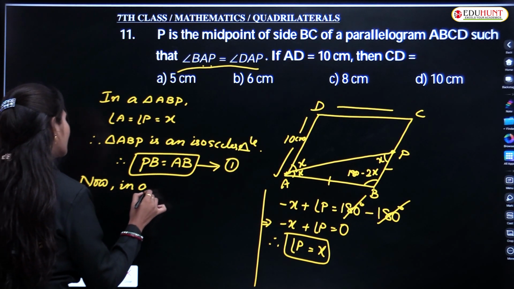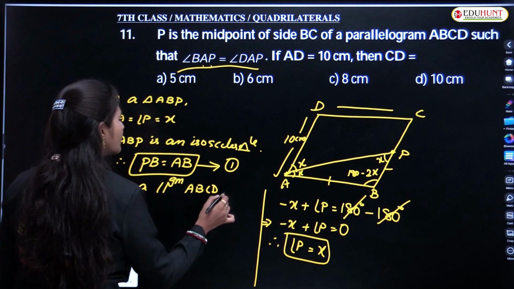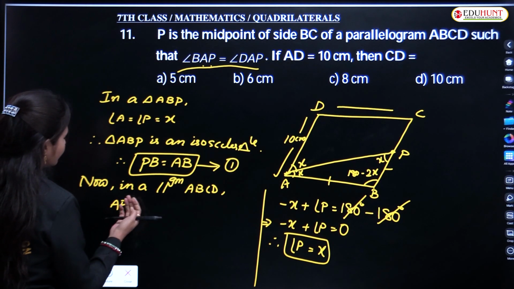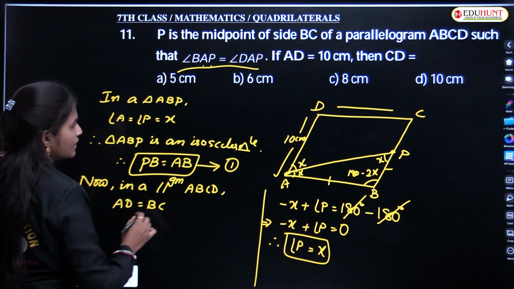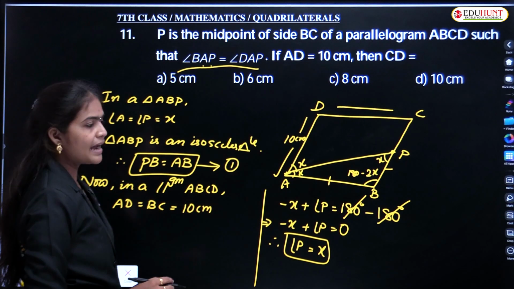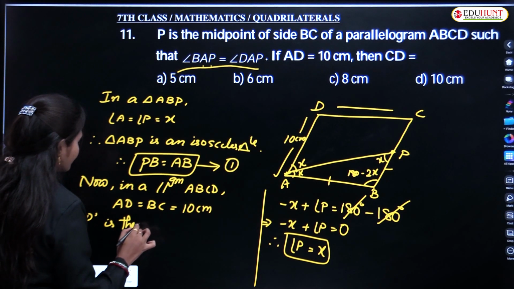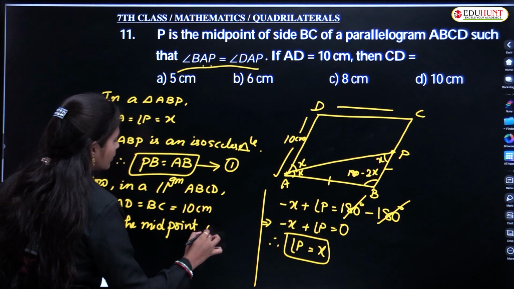Now in parallelogram ABCD, AD is equal to BC, which is equal to 10 centimeters. And P is the midpoint of BC.